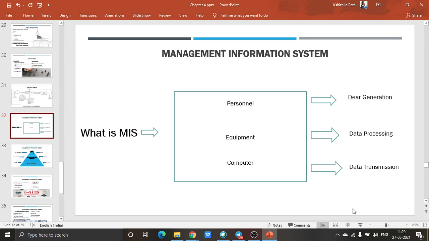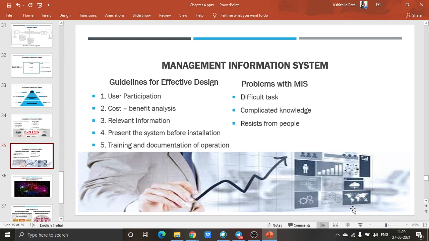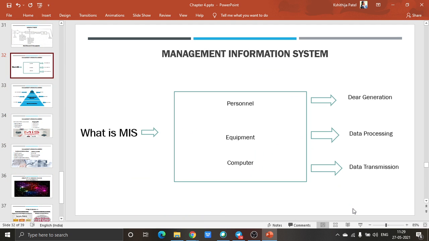Management information system probably we shall be doing in today's class, but since you study it entirely as a different subject, I would expect you to tell me more about what management information system is rather than me telling you.